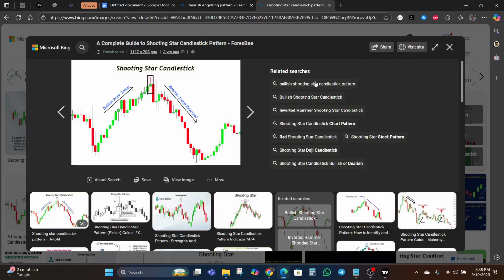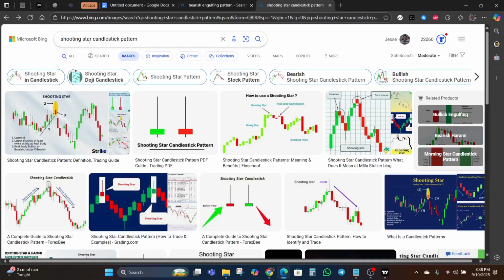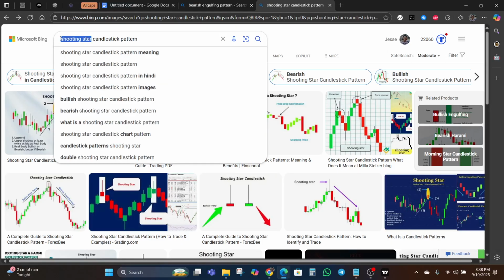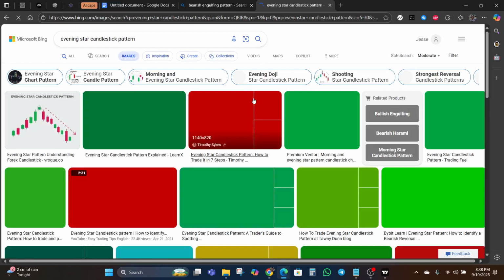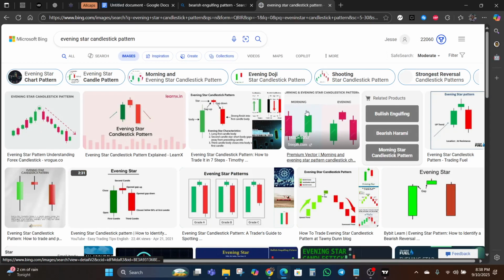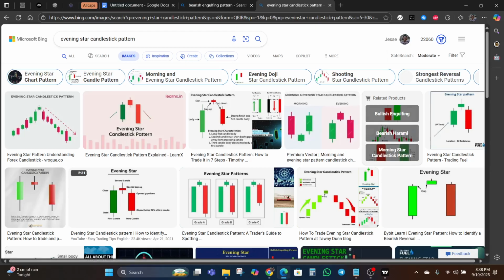Now, the next bearish candlestick pattern we're going to be looking at is the evening star. The evening star is another important one.